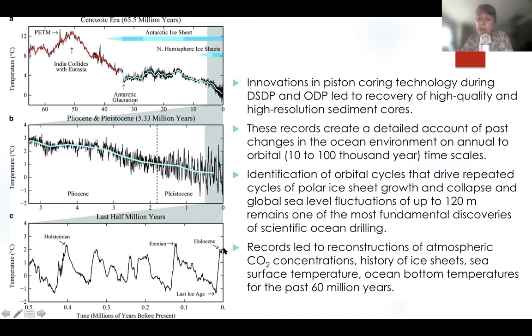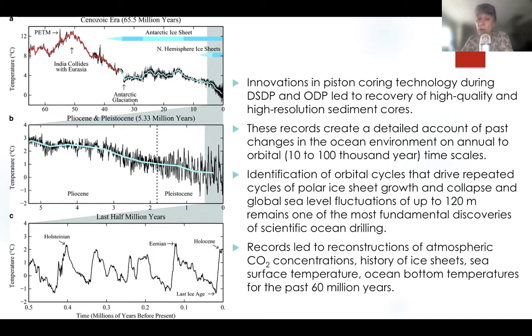This is the warm time period we live in right now. This is the last time that we had a kilometer of ice sitting above me in Michigan. And then this here at about 120,000 years ago was when we last had a time period like today. And so without the drilling program, we would never have worked out these cycles.